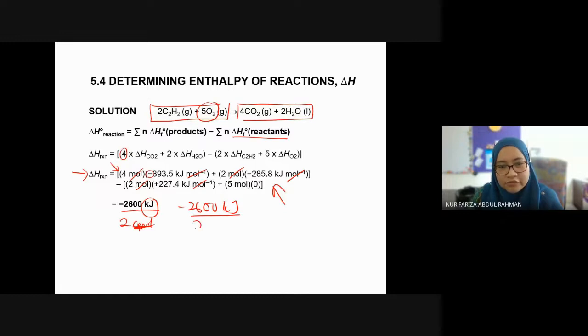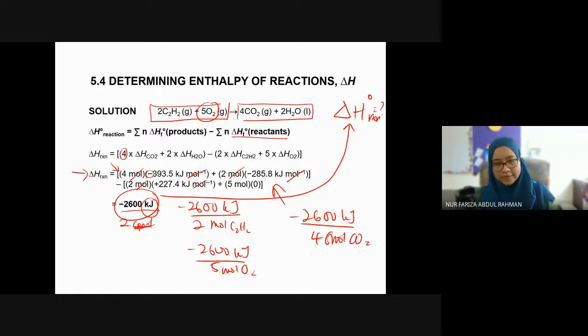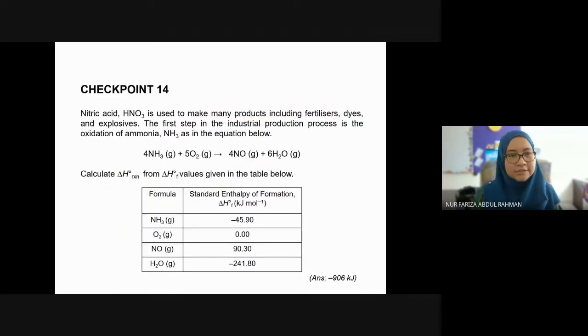This also represents 5 mole of oxygen, and this also represents 4 mole of CO2 and H2O. So you may put this as your answer. Okay, alright. So guys, please try this checkpoint. Checkpoint 14. Try doing it first.